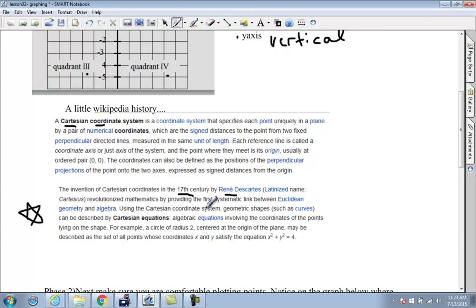Using the Cartesian coordinate system, geometric shapes such as curves and lines can be described by equations, algebraic equations involving the coordinates of points lying on the shape. So later down the road in my college algebra course, we'll be able to graph x squared plus y squared equals 4, and we'll see that will give us a circle of radius 2, centered at origin. So it's neat to make that link between a geometric shape and an algebraic equation.